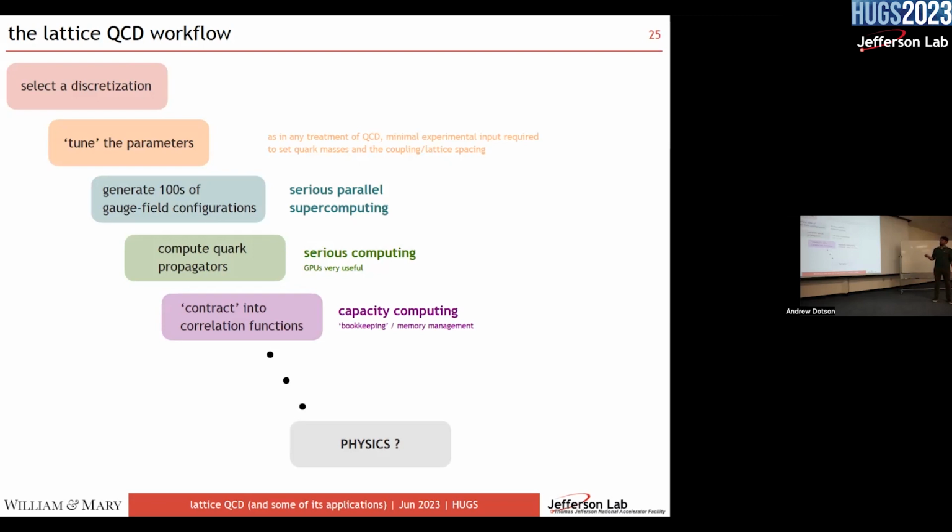But I will make an important point here that you should address to anyone who claims they're doing calculations in QCD, some theoretical technique that is QCD. To really do first principles QCD, all you should have to supply is minimal experimental input. So if you are studying stuff at low energies, all you should have to supply are enough measured quantities that you can set the quark masses and the value of the coupling.